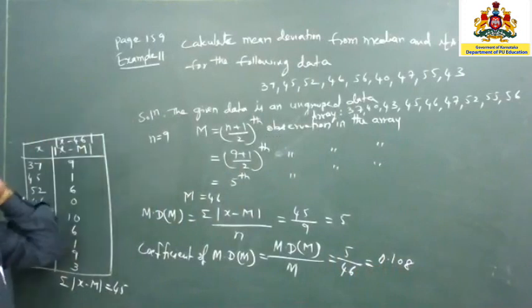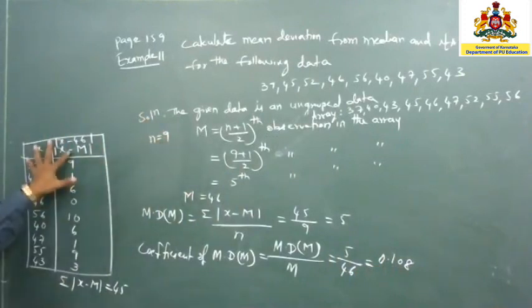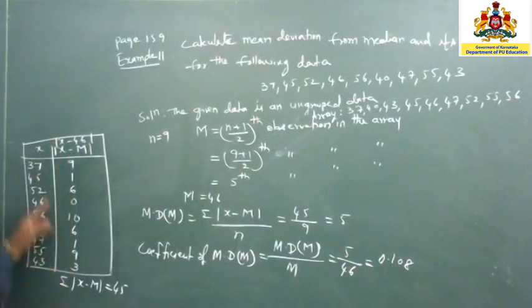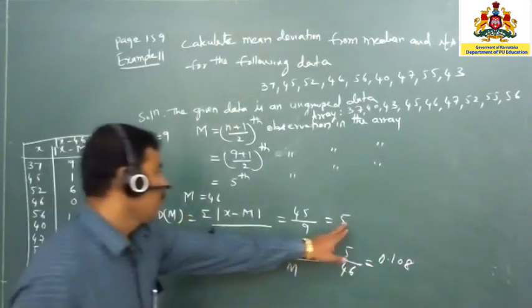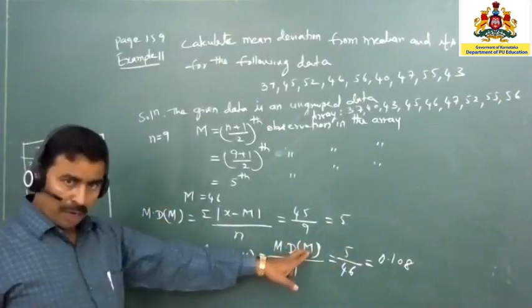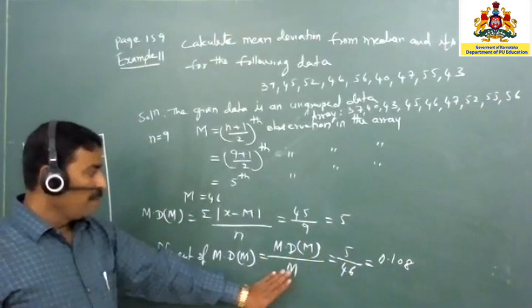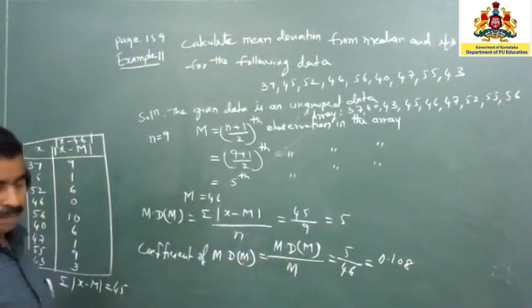Depending on the given raw data, you should calculate the median value, then take deviations from median. In place of M, I have substituted the median value, then took deviations, ignoring the sign. The total is summation modulus of x minus M. Substituted in the formula, the answer is 5. Coefficient of mean deviation is mean deviation from the particular measure by the same measure, so mean deviation from median by median. So that is the answer.